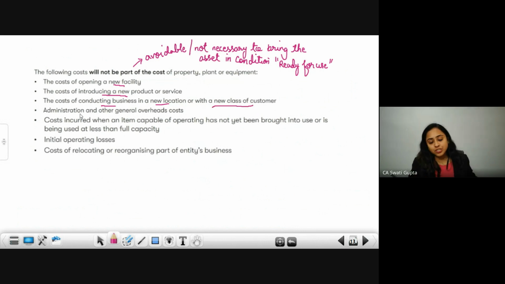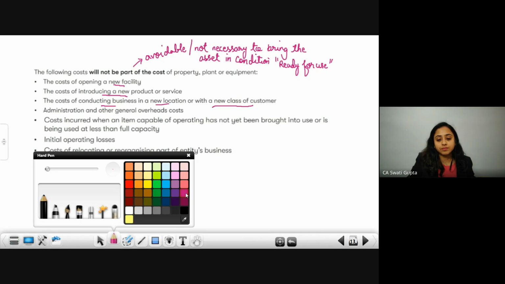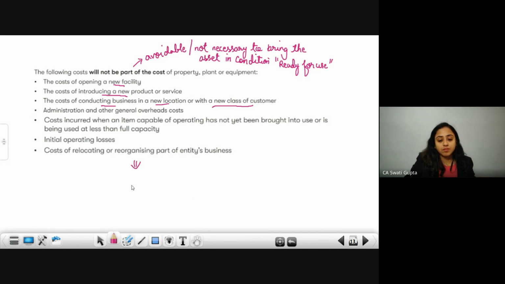These are all expansion, inauguration, etc. These expenses will be charged to PL. Do not capitalize.